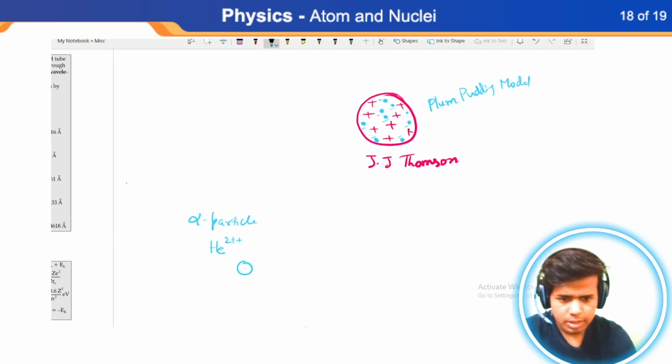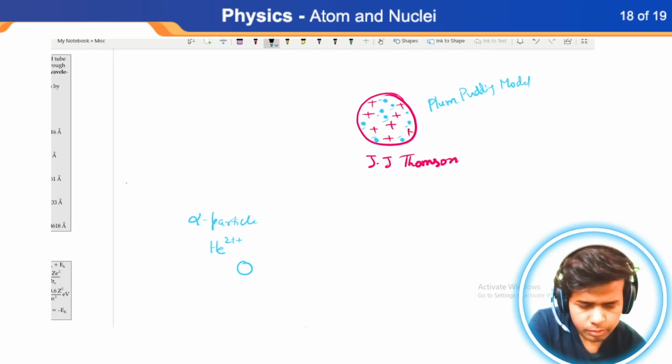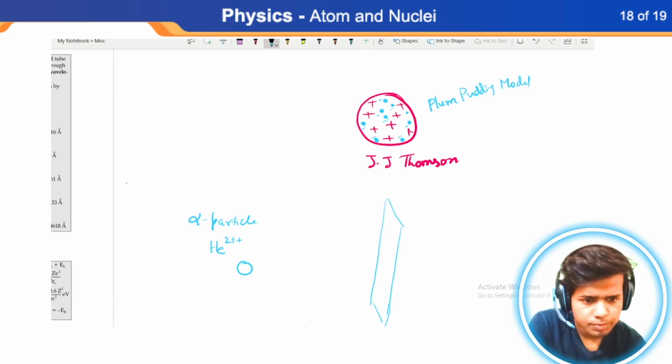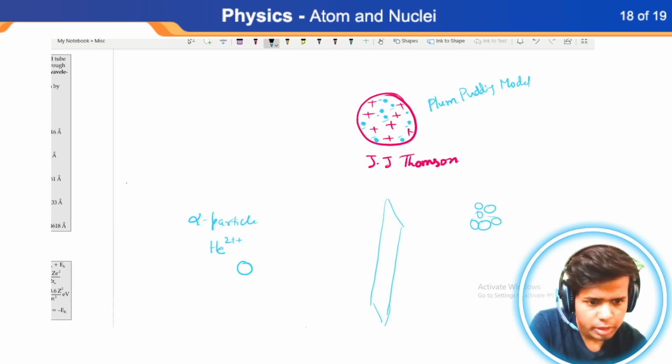Now what he did was, he prepared a very thin layer of gold sheet, a very thin layer, right? Such that if you look at it cross section wise, you might have very few atoms in the width.